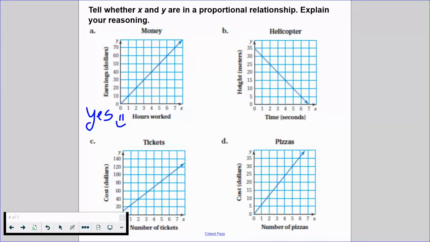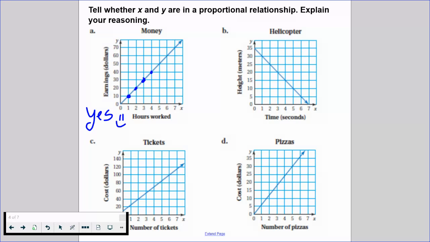And if we try to analyze it, let's look at the coordinate points. I see that at the first coordinate point, my x is 1, that's 1 hour. So in 1 hour, I earn $10. Then in 2 hours, I earn $20.